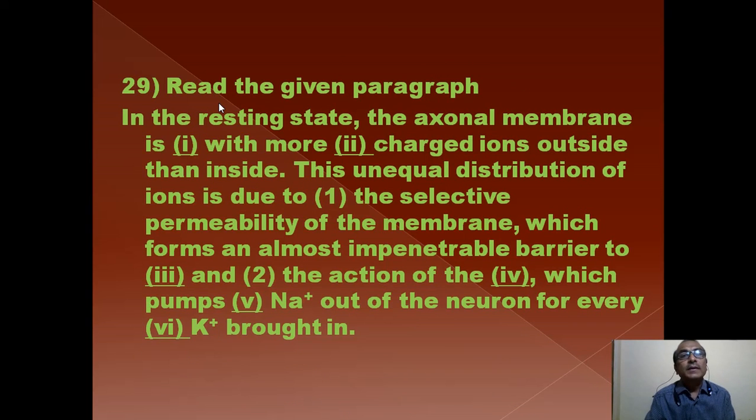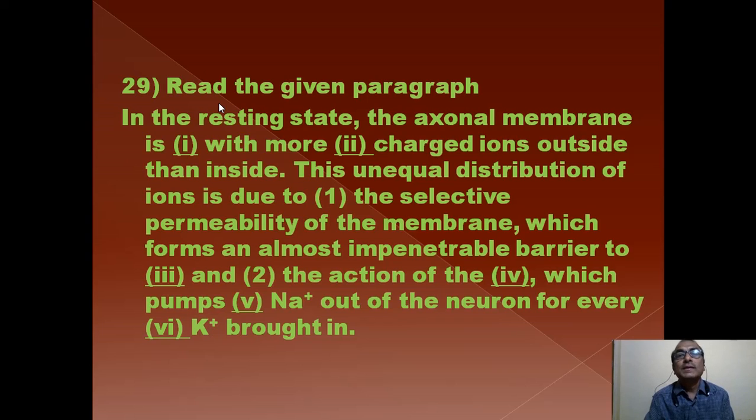Question number 29. Read the given paragraph. In the resting state, the axonal membrane, that is the plasma membrane of the axon, is number one, with more positively charged ions outside than inside.